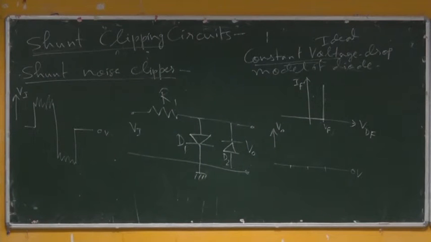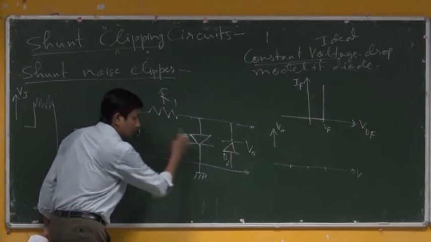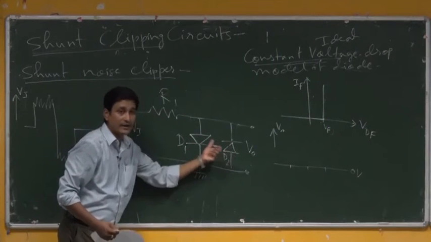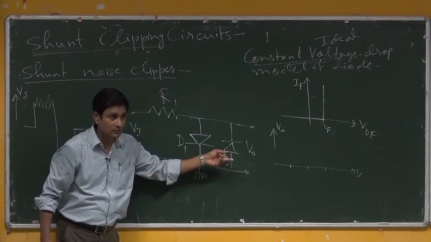If I analyze from the beginning, say the voltage has gone positive, then since the arrangement of the diodes is made in this fashion, one will conduct, another will not.